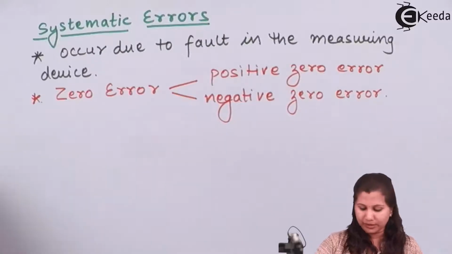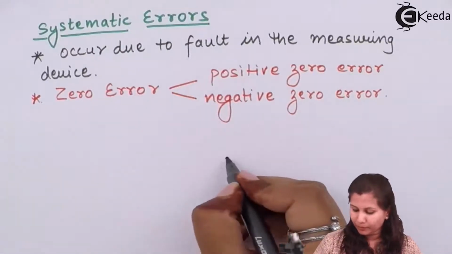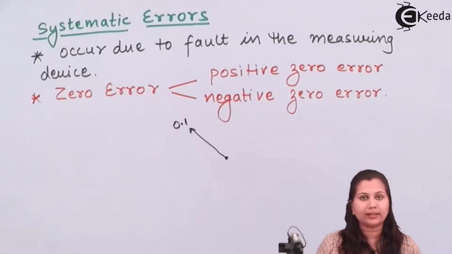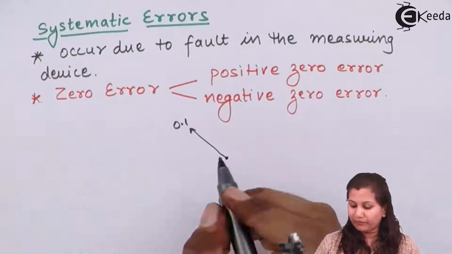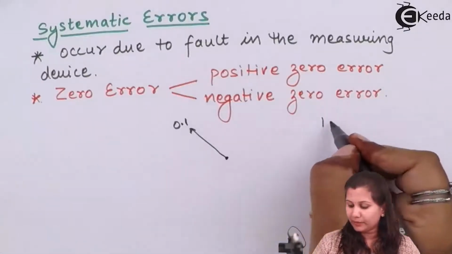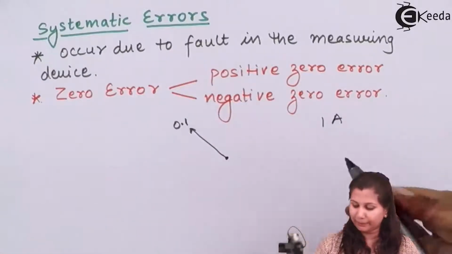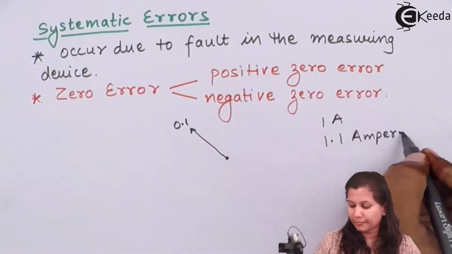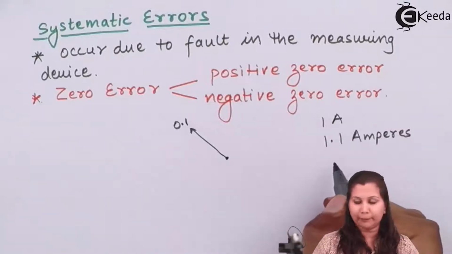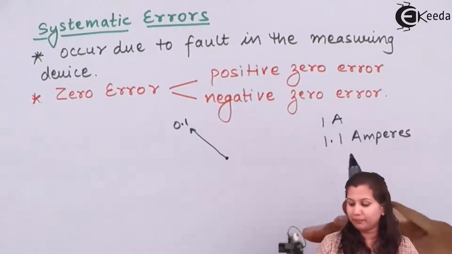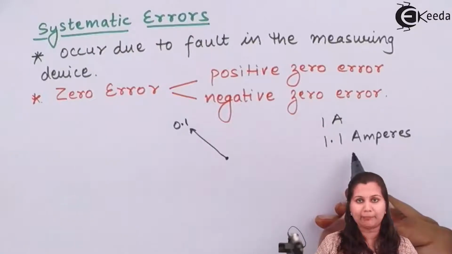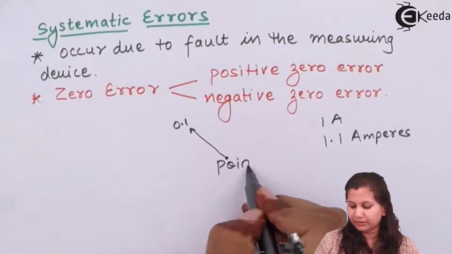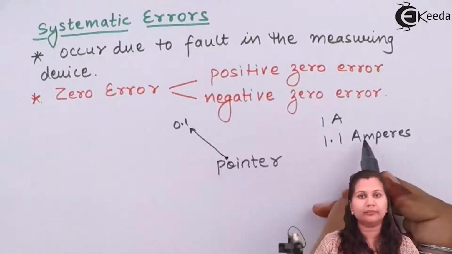Because suppose the ammeter pointer is at the 0.1 ampere position. So when we are measuring a current of, suppose, 1 ampere, instead of 1 ampere it will give us a reading of 1.1 amperes. So error has occurred because the actual value was 1 ampere, but we are reading it as 1.1 amperes. So due to the pointer of the ammeter, this error has occurred in the measurement.